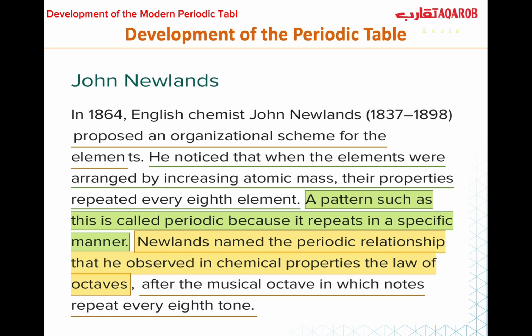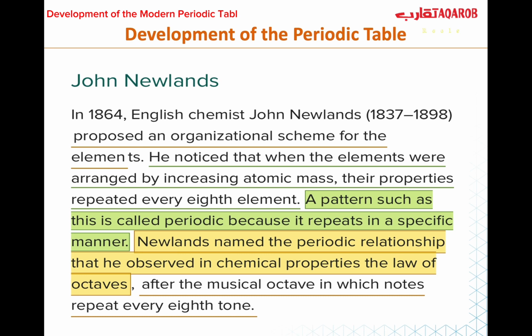A pattern such as that is called periodic because it repeats in a specific manner. So as the properties of the elements repeat every eighth element, the same properties are repeating.